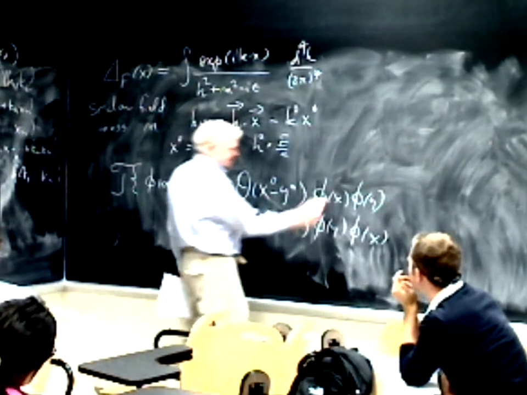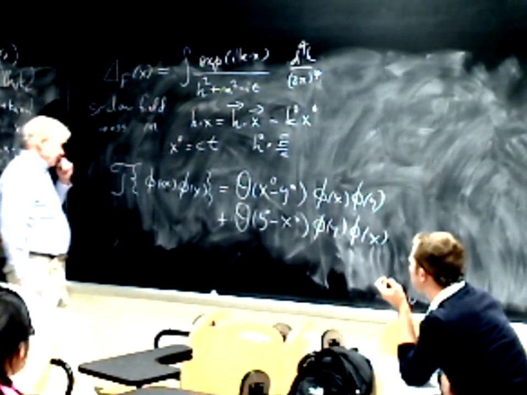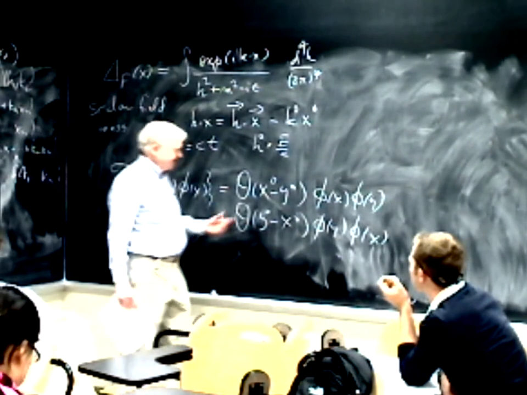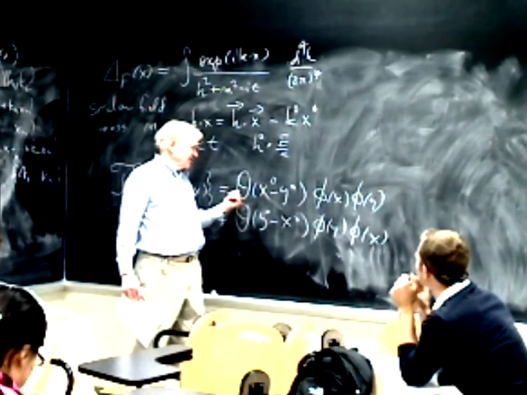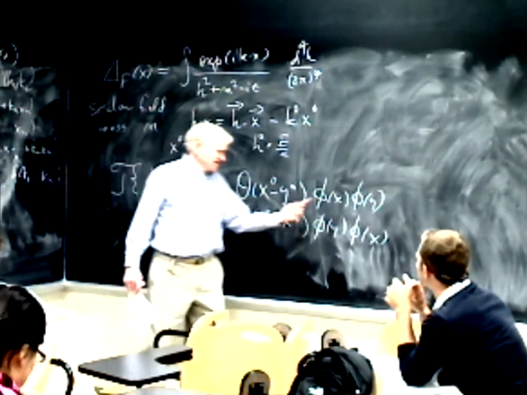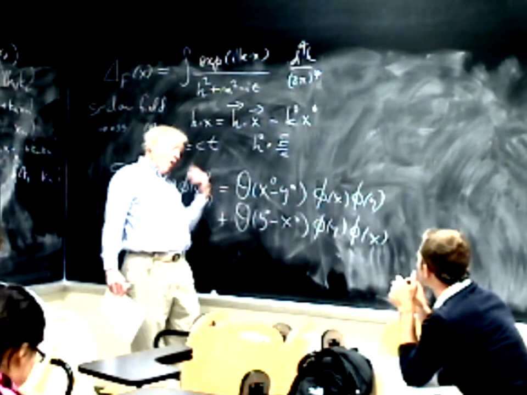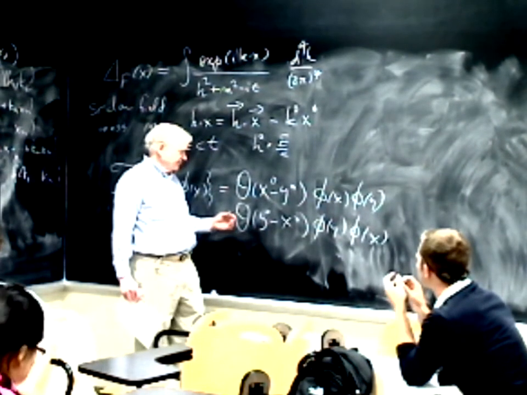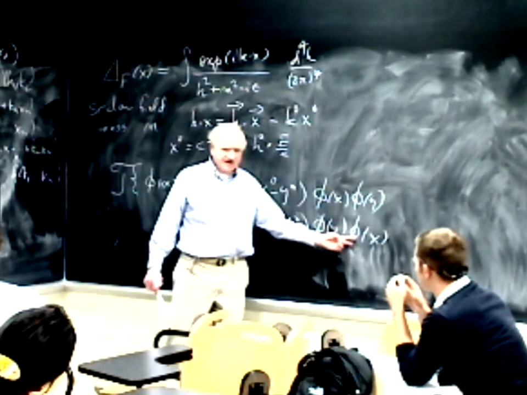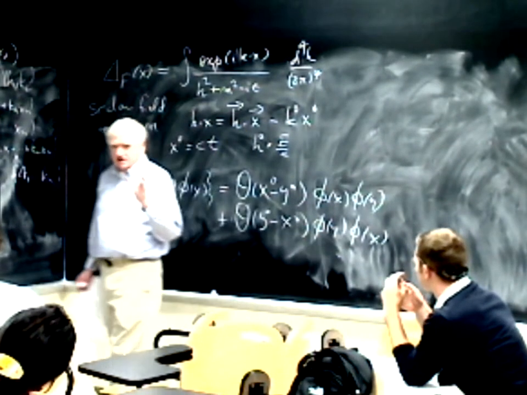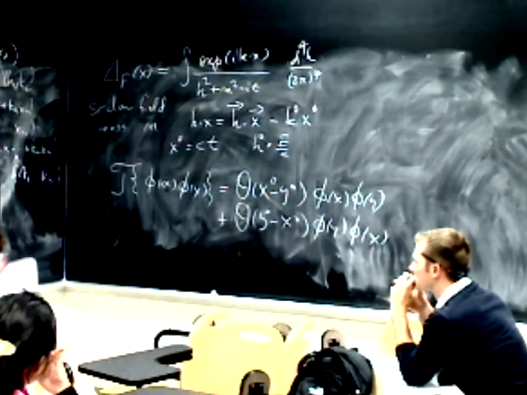You see these fields, like most operators, don't commute, and so you define the time-ordered product as follows: if x0 is later than y0, then the theta function is 1, and so it's phi x, phi y, and this term is 0. On the other hand, if y0 is larger than x0, then this term is 0, this term is 1, and you get phi y, phi x. So whichever is later comes first.